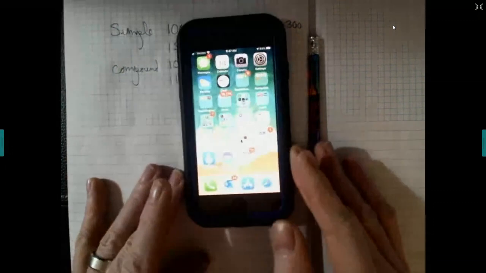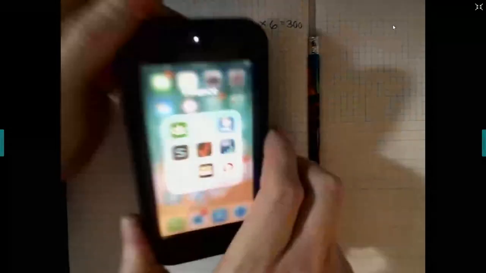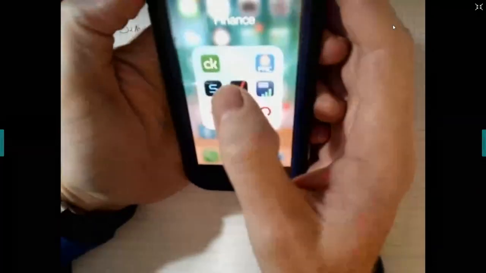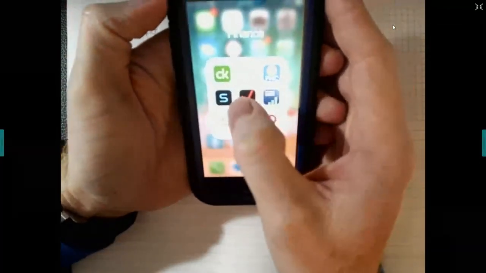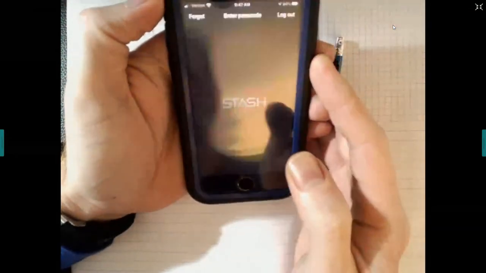I don't care if I show you something that's personal, but I have this one app that I use, and I'm sorry about the quality, but it's called Stash, and this right here is a pretty cool thing. I use this.